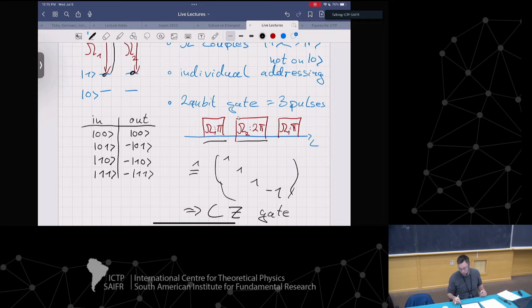And this controlled phase gate, you can also turn into a CNOT gate with single qubit rotations. So this can make entanglement, and together with your single qubit operations, this gives you full quantum computing on atom arrays. So this was the cool realization in 2000.